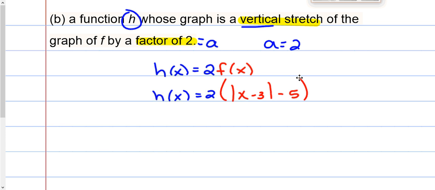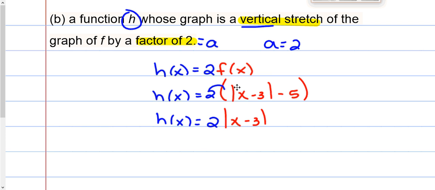So now we just have to distribute. Just like in a couple of problems ago, we cannot distribute inside an absolute value. So we have here h of x equals, I can take this 2 and multiply it by my absolute value. So I have 2 times the absolute value of x minus 3, but I cannot put that 2 on the inside.